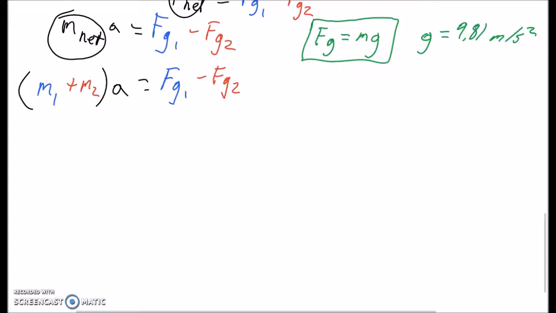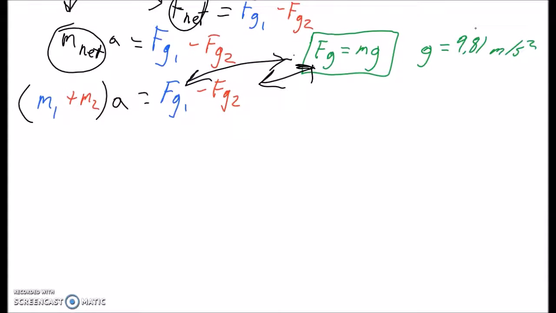Okay, so now we're going to do the same thing as we did before, equating equations. Here is Fg equals mg. We're going to do that for the Fg2, and we're going to do that for the Fg1. So let's look at this. It's m1 g.